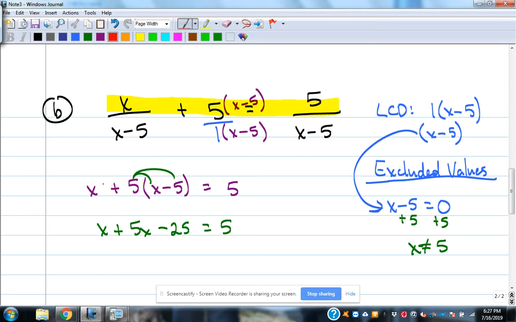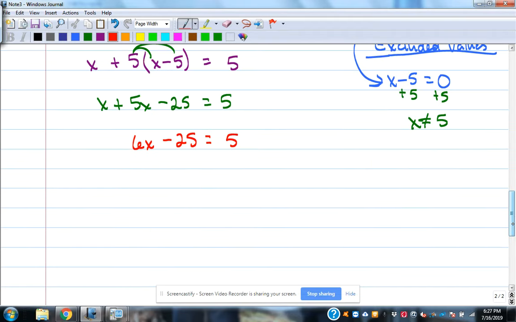That gets me 6x minus 25 is equal to 5. And now what's the next step to solve that? Good job. 25 added to both sides. 6x is equal to 30. And the very last step, divide by that 6. 30 divided by 6 is 5.